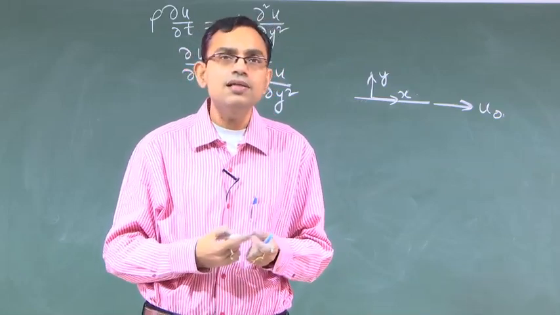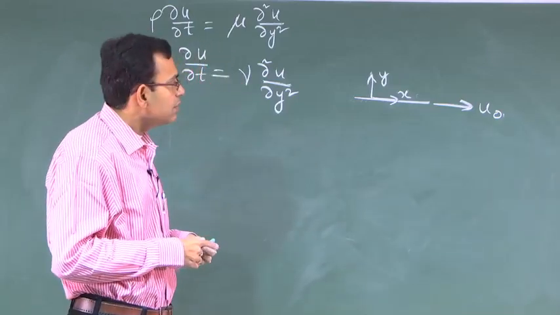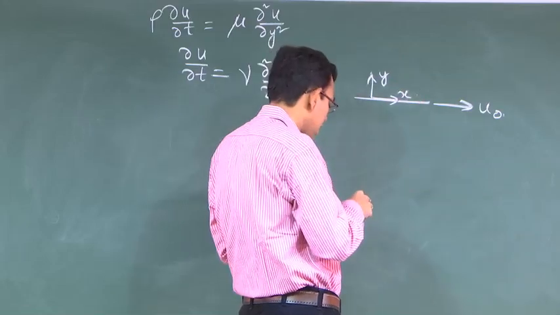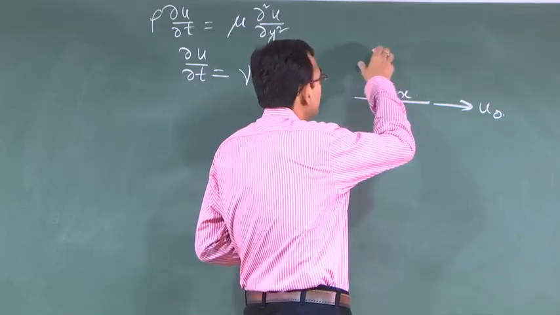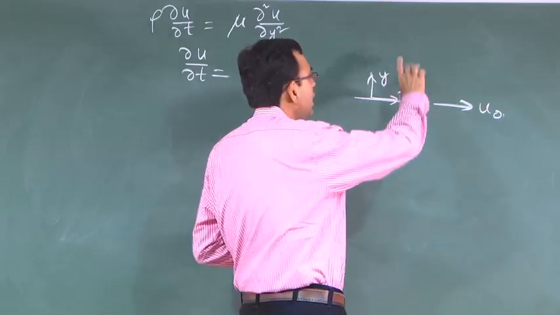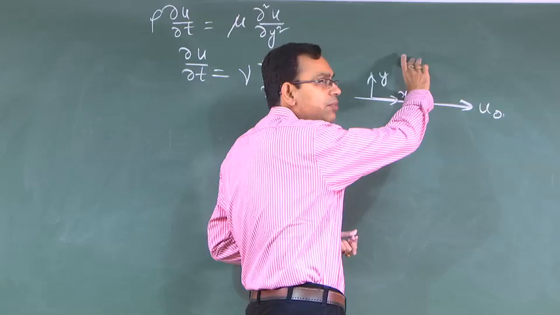So, what do we mean by this? Imposed length scale means, see how can you get an imposed length scale? If you could have a solid boundary at the top, that would be an imposed length scale, which is the height between the two plates.